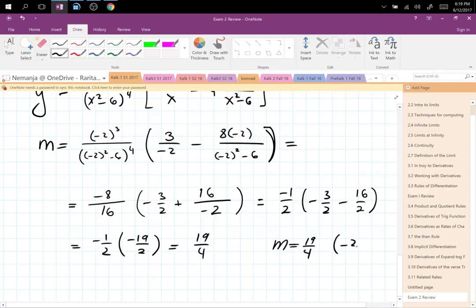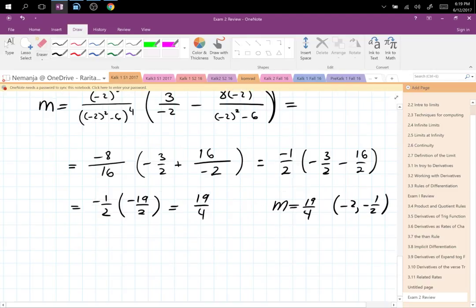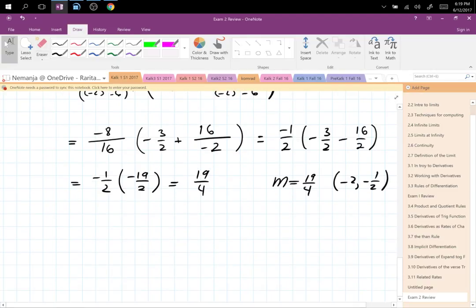And our point is -2, -1/2. You can plug this now into either y equals mx plus b, or you can plug into the slope form, whatever you like. So -1/2 equals 19 over 4. That's the slope.